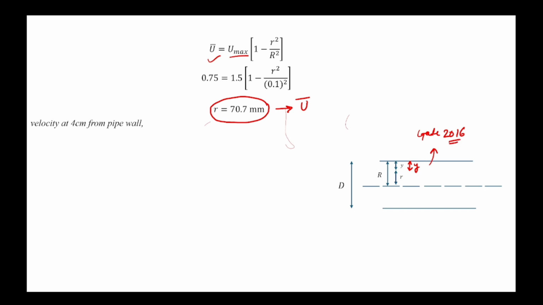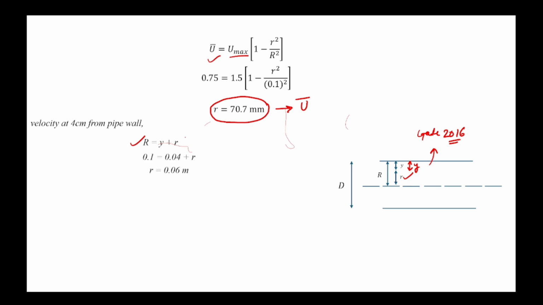If you don't know this terminology, you cannot solve it. So the distance from the pipe wall we designate as y, and from the center line we designate it as r. The radius of the pipe is equal to y plus r. Putting values of r and y, we get small r is equal to 0.06 meter.